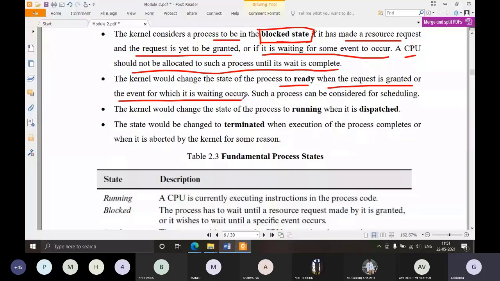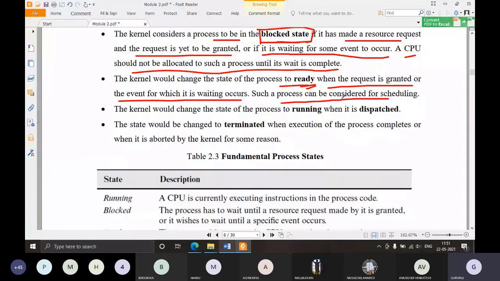What happens when that request is granted, or that event takes place? As soon as that happens, immediately the state of the process is changed to ready. Such a process can be considered for scheduling.